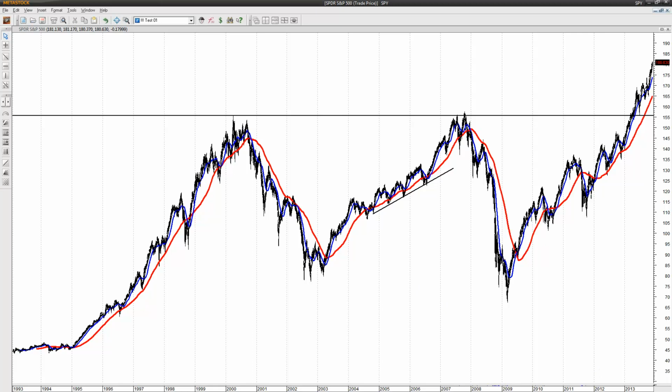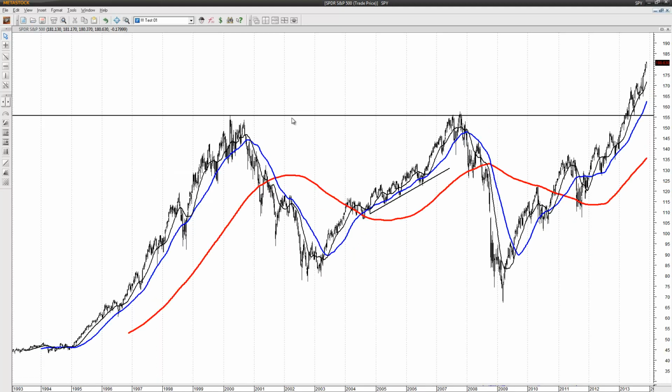The best thing I think about using price action is that it's time frame independent. I can change now to weekly, and the trend lines and the resistance line are still at the same level.